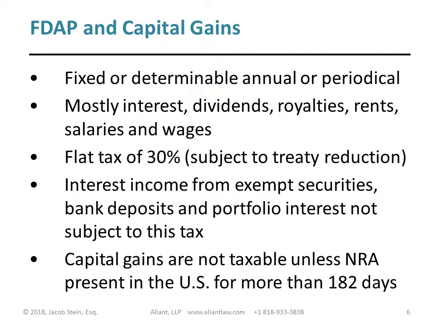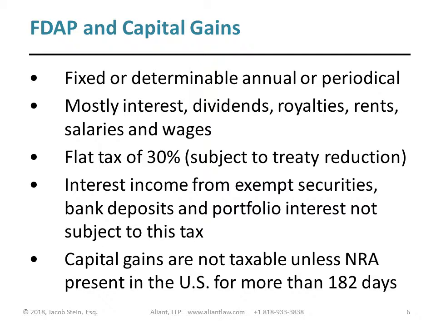And the other big exception is portfolio interest, interest from a portfolio interest loan. So a portfolio interest loan is a loan where the repayments by the terms of the loan must be made outside the United States, so they must be made to a foreigner outside the United States. If we have a loan with specific language like this, then the interest payments going to the foreign lender are not subject to the 30% withholding tax.